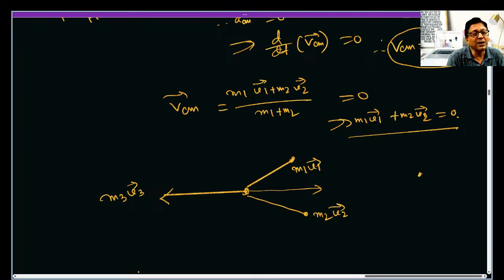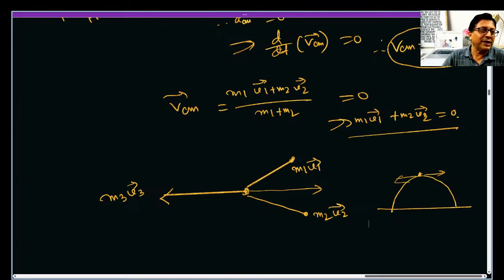If it bursts here, two particles, one has to go this way, one this way. They will follow projectile paths and strike the ground after some time. A practical question may arise based on this. I will discuss a numerical question based on this, but keep the concept in your mind first.